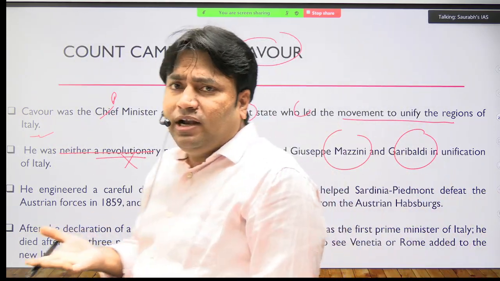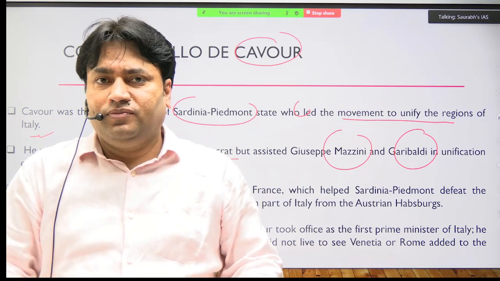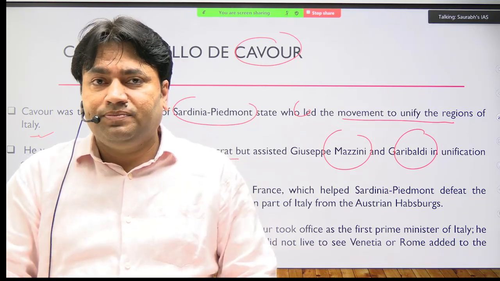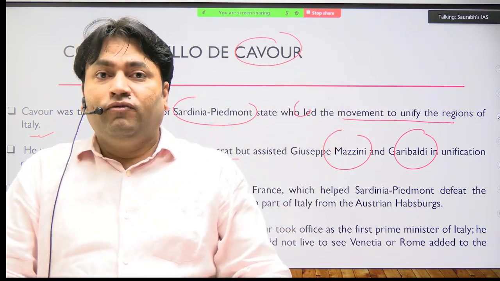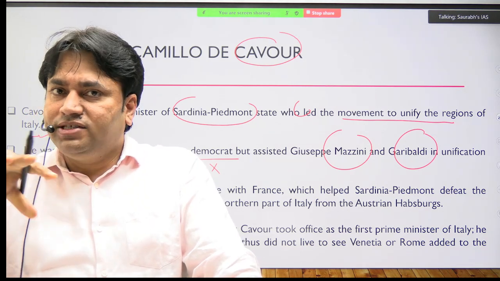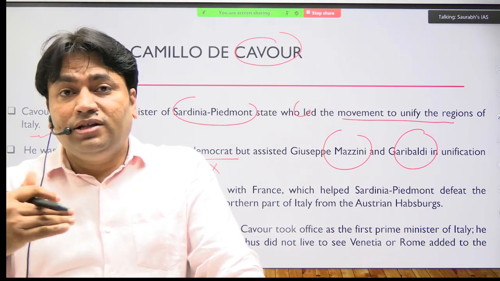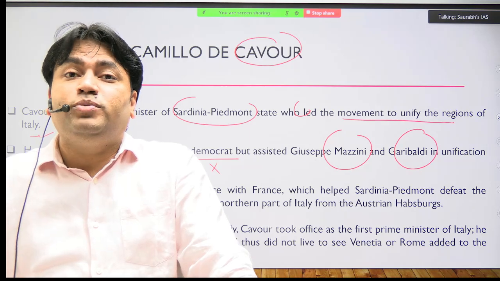The same happened in Italy, in India also. There were different streams, there were different ideas who were supporting the idea of independence, who were supporting the freedom movement. देखो, freedom movement में क्या था? One is the Indian National Congress, the other are the revolutionaries, the third group is the socialists, the fourth group is the communists.